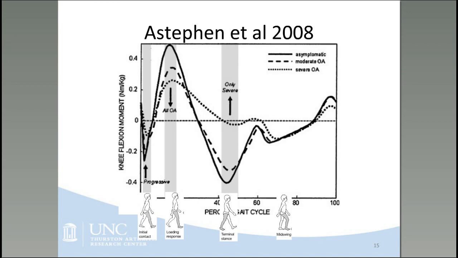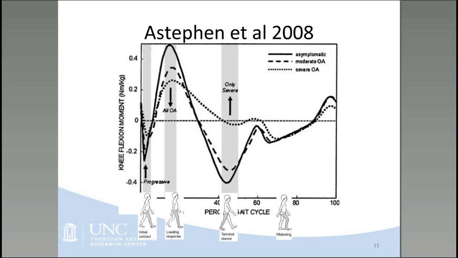And at terminal stance, in the severe OA group, you see that there's a much lower moment, barely crossing over the axis, indicating that the group is employing a movement strategy that requires less demand from the flexion muscles. The knee is in extension at this point, and there didn't seem to be a difference between the groups here. So the change in moment may be due to reduced ground reaction force.